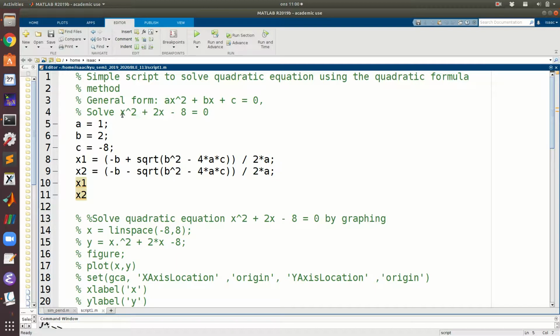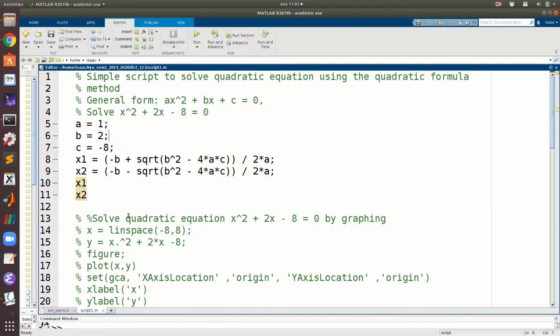If it is too long to compute at once, you can break it up into x squared and then 2x minus 8, and finally get y equals x squared plus 2x minus 8. To get the solution you simply plot x versus y. For each x you plot its corresponding y.